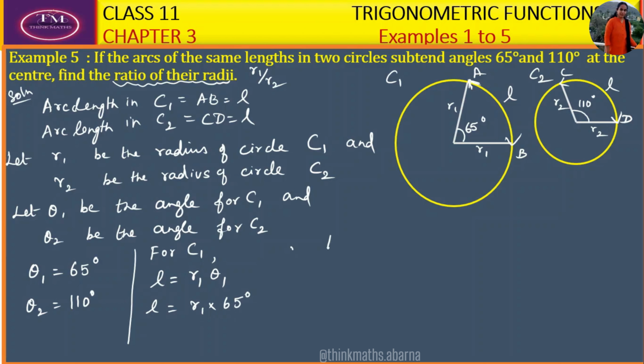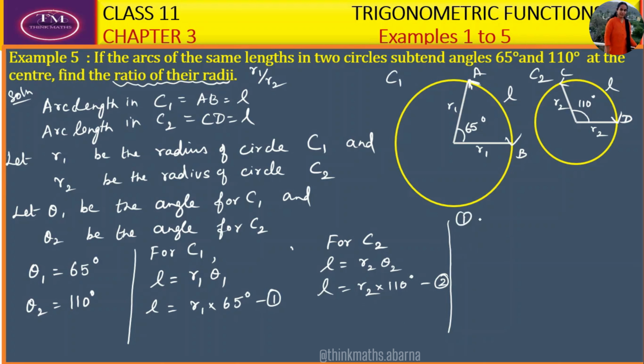The same way for C2, arc length L is equal to radius into angle, R2 theta2. What is R2? We need to find. So L is equal to R2 into 110 degree, as theta2 is 110 degree. Let me name these as equation 1 and 2. So what we can do, we can divide 1 by 2.